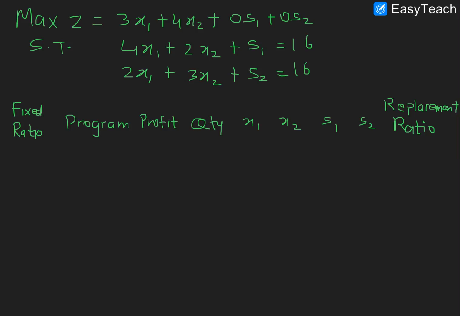So this is the typical simplex table that we have got: fixed ratio, program, profit, quantity, x1, x2, s1, s2, that is the variables that we have, and then the final column is the replacement ratio. In some textbooks you may find a different format, where they call both these columns together as basis.